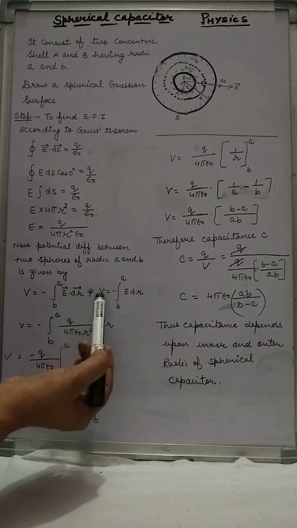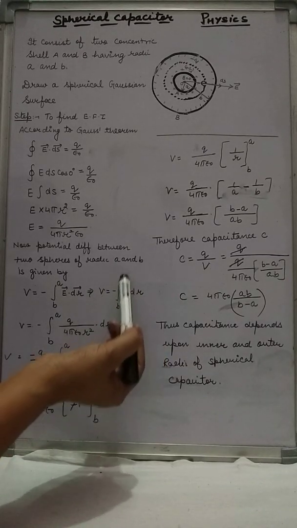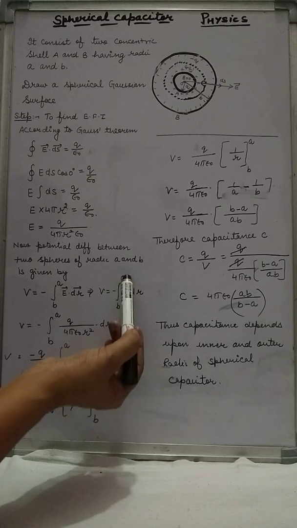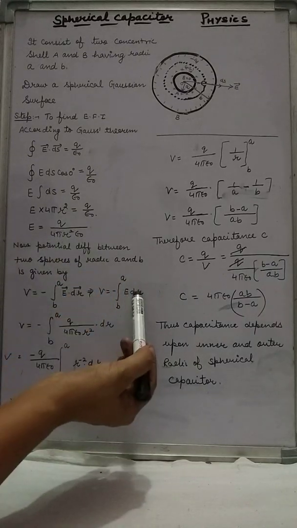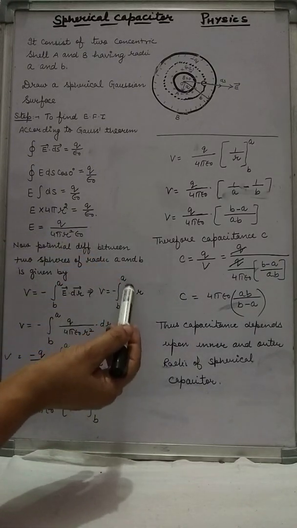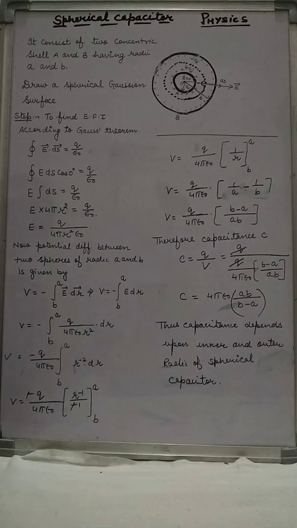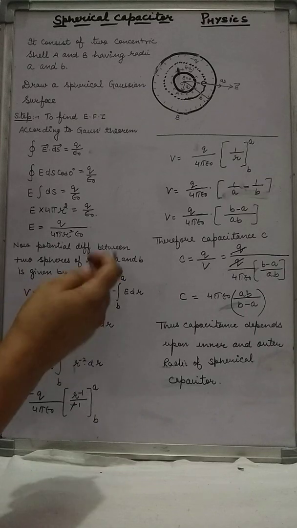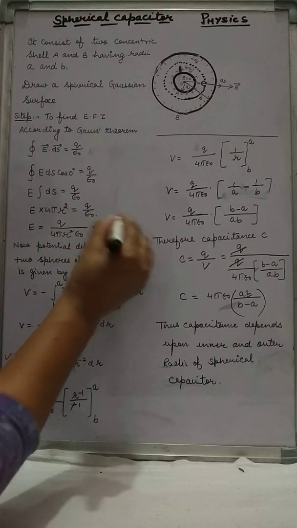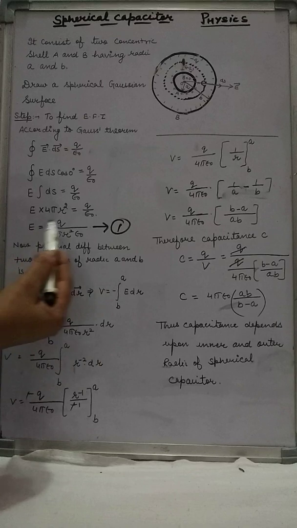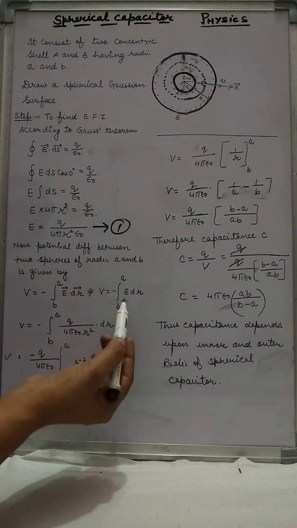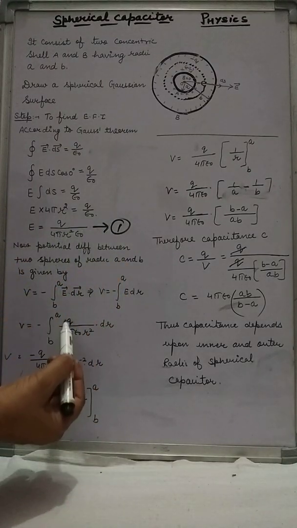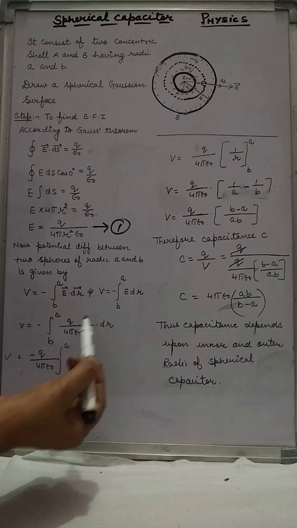So we get V is equal to minus integration from B to A of E dr. Now put the value of E from equation 1. So the value of E is Q upon 4 pi epsilon naught r square, into dr.